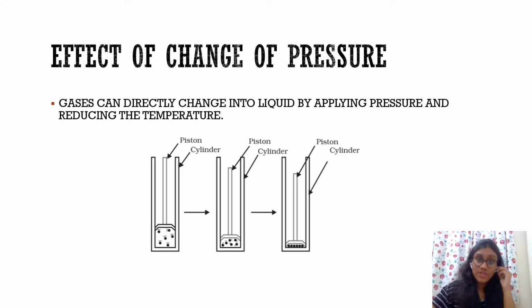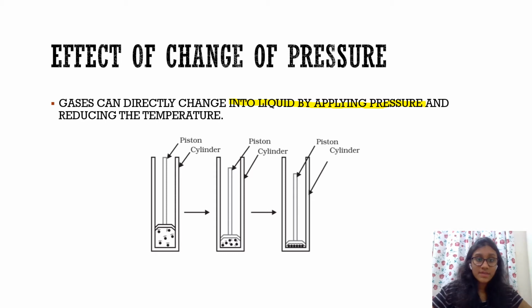The effect of change of pressure. Gases can directly change into liquids by applying pressure and reducing the temperature. The lack of space for the particles makes them settle down together as a single mass and have a fixed position, as you can see in this image.